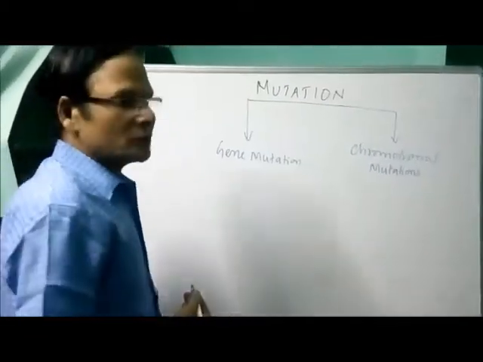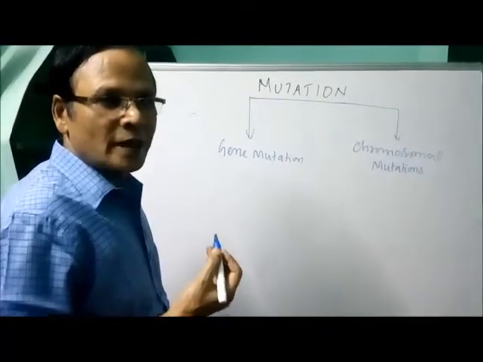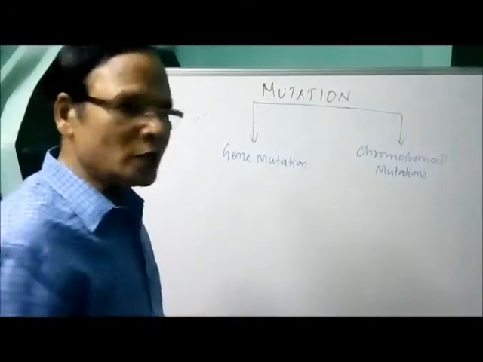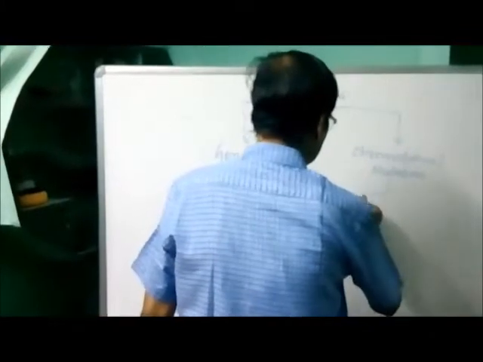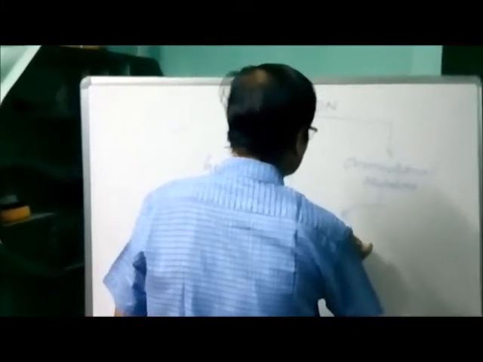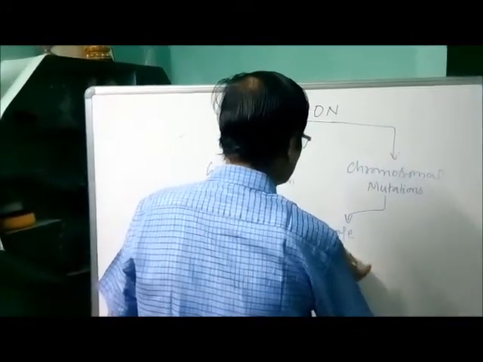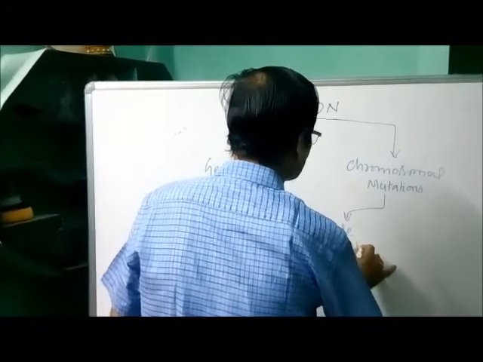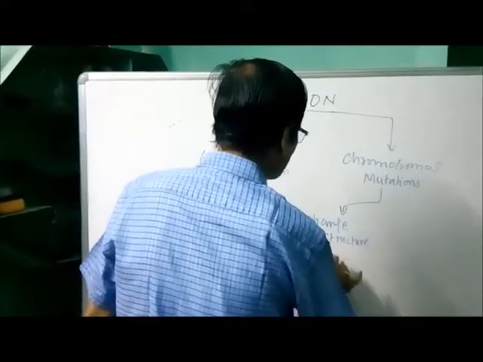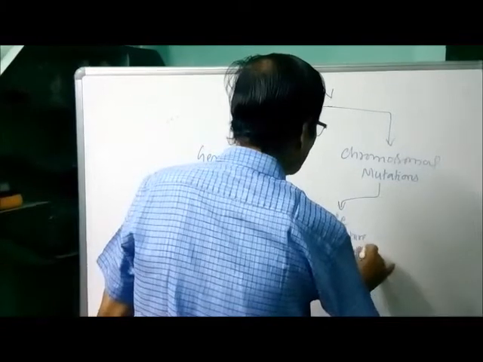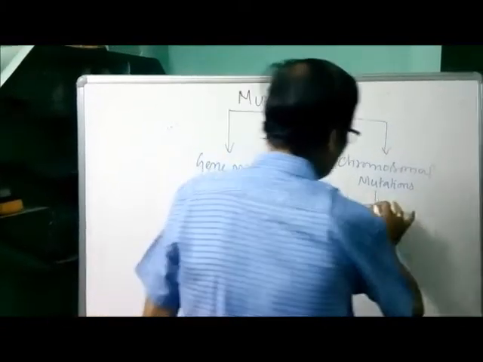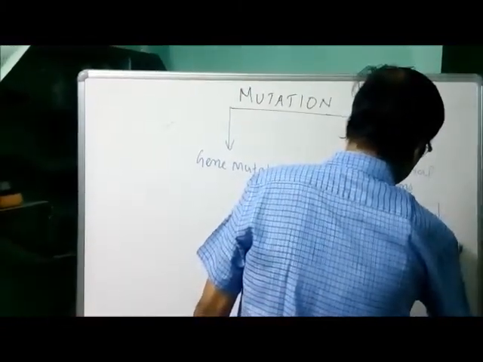In chromosomal mutations, it occurs either due to change in structure of chromosomes or change in number of chromosomes.